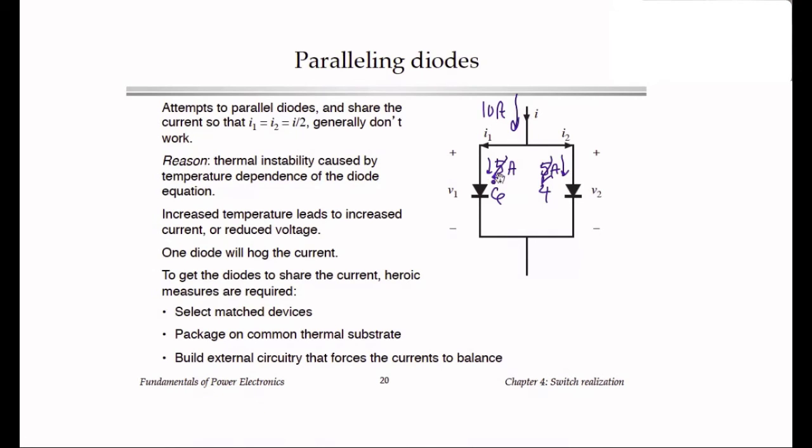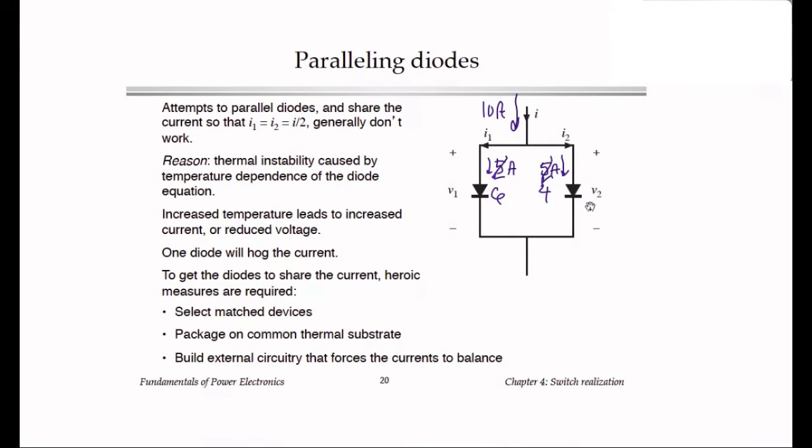That makes the first diode get hotter yet, the second diode gets cooler, and even more current will go through the first diode and less through the second. And so we have thermal instability, wherein one diode hogs all the current. That diode will overheat and exceed its rating, and so of course it will fail.